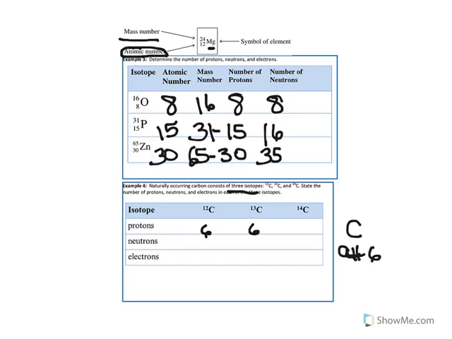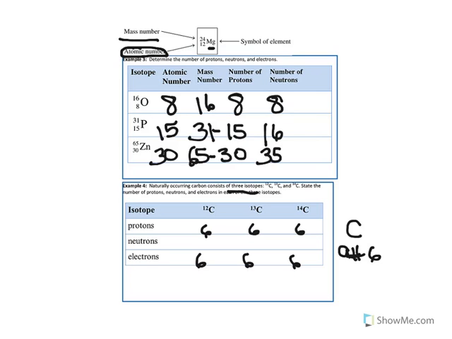All carbon atoms in a neutral state must then have 6 electrons, right? Since their number of protons and number of electrons must be the same. Neutrons are the only thing that is different in an isotope.